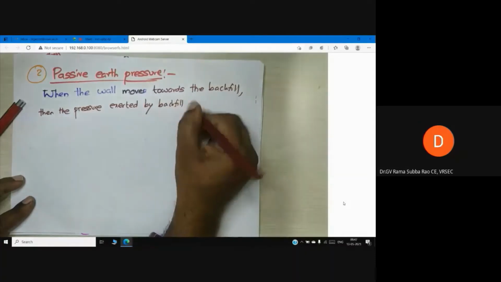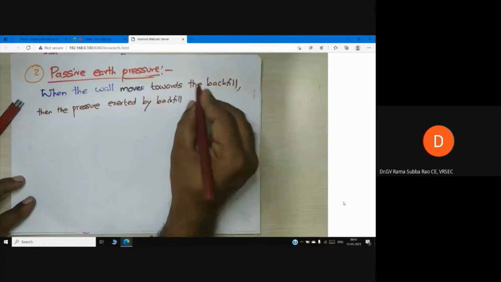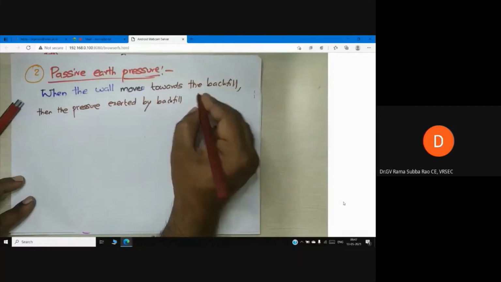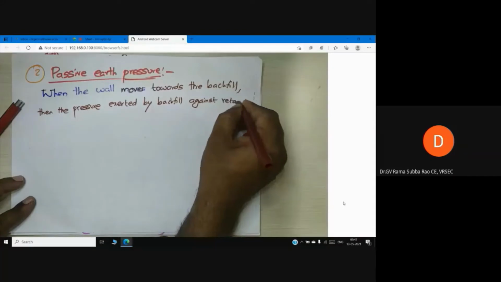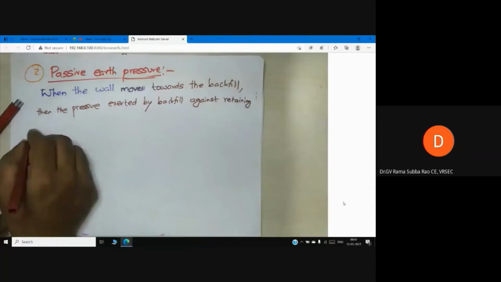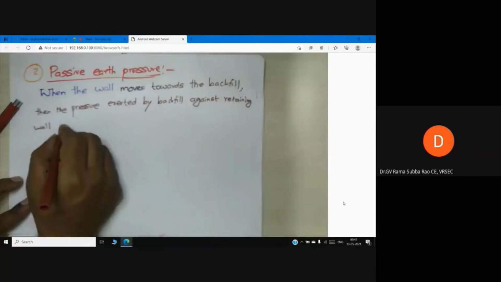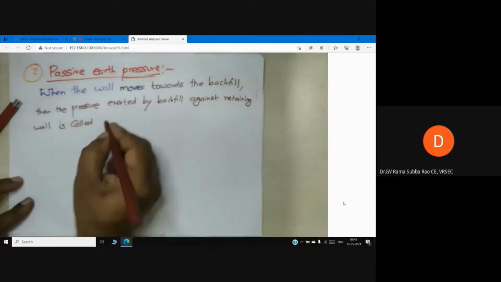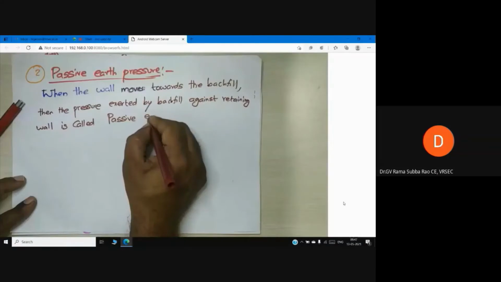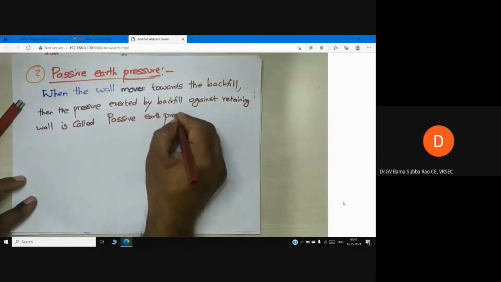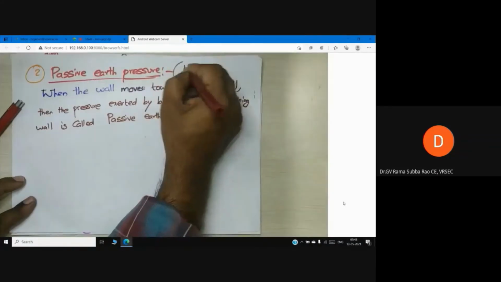Backfill means soil, which is backfilled. The pressure exerted by backfill against the retaining wall is called passive earth pressure. This I would like to write as PP.